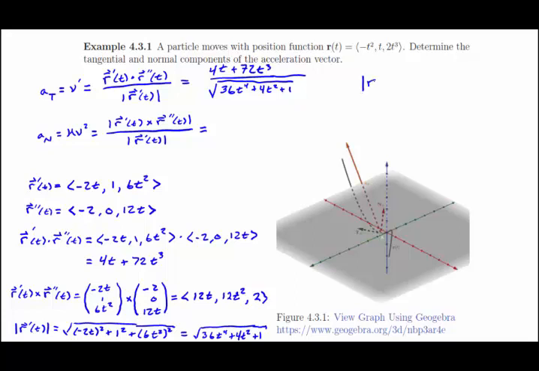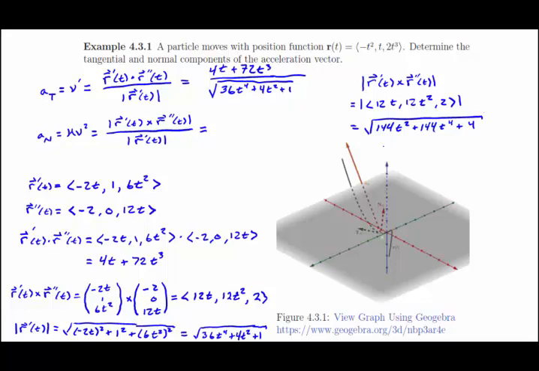Not the best place for it, but the magnitude of r prime of t crossed with r double prime of t equals the magnitude of 12t comma 12t squared comma 2, which equals the square root of 144t squared plus 144t to the fourth plus 4.